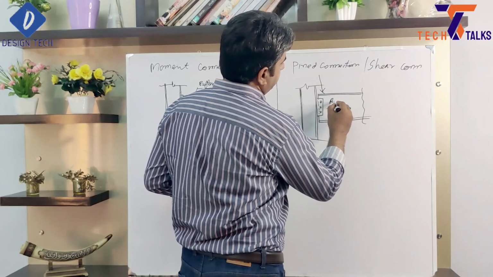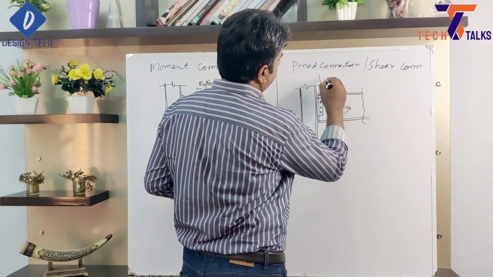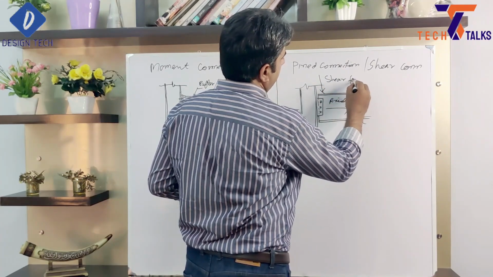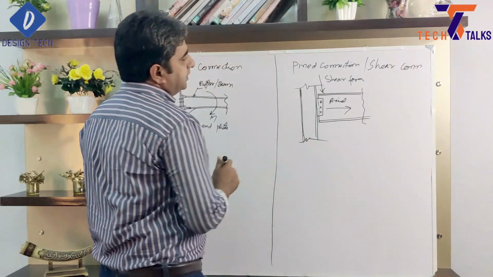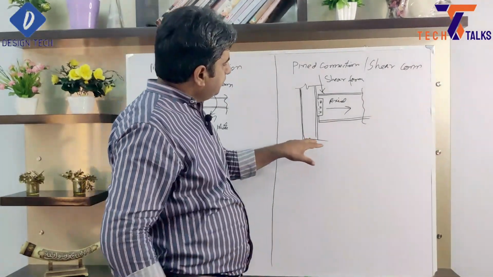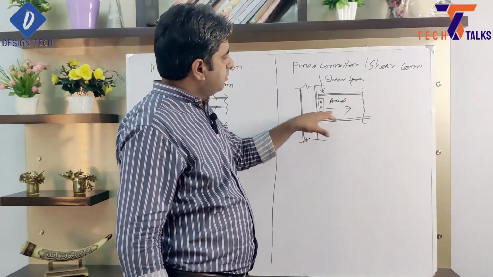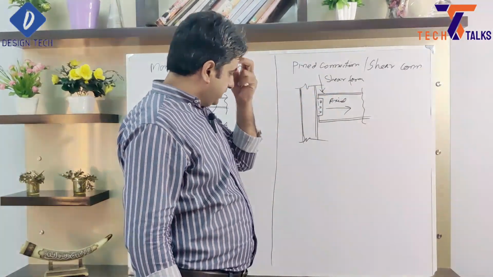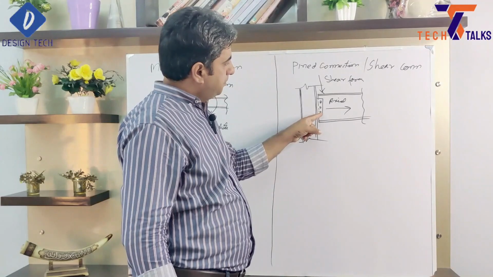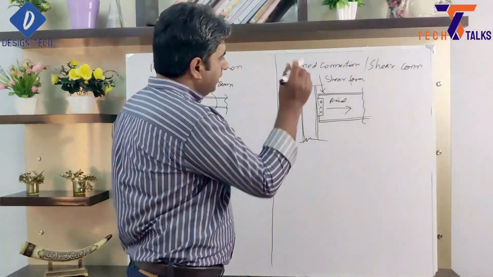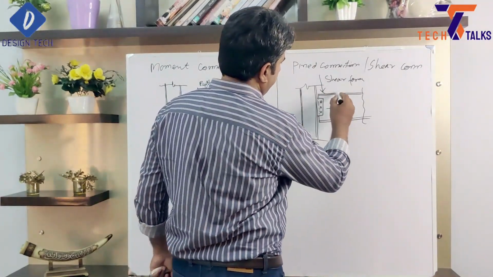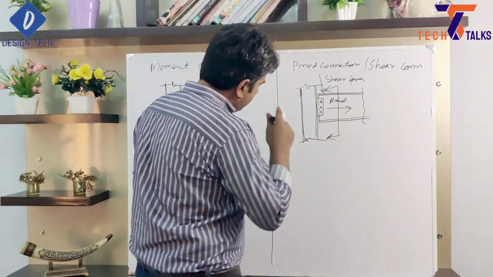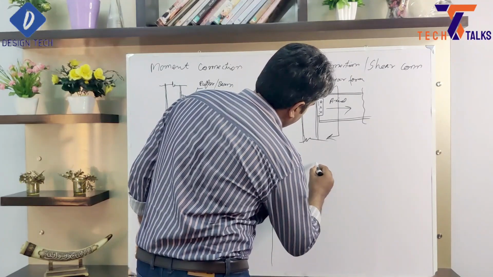This is called axial force, and this is called shear force. So in this connection it's very clear that pinned connections will resist only axial force and shear force, and this will be connected with the fin plate. If I draw one section from here, it will show something like this.